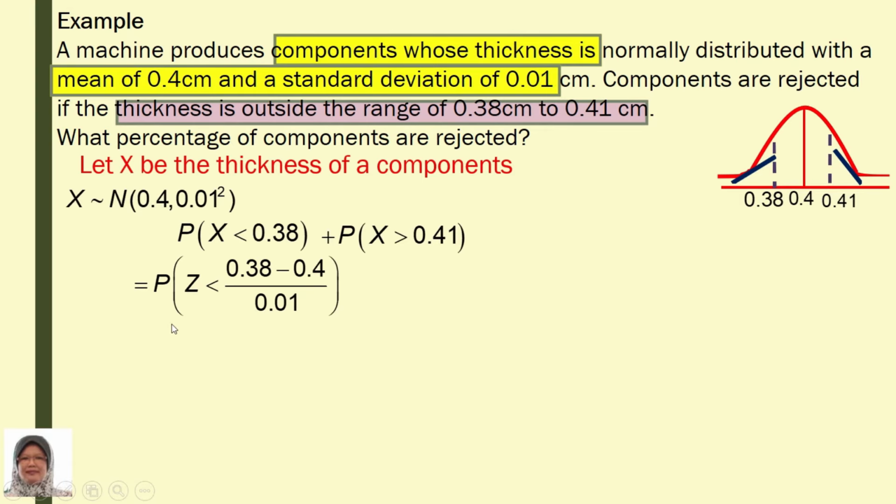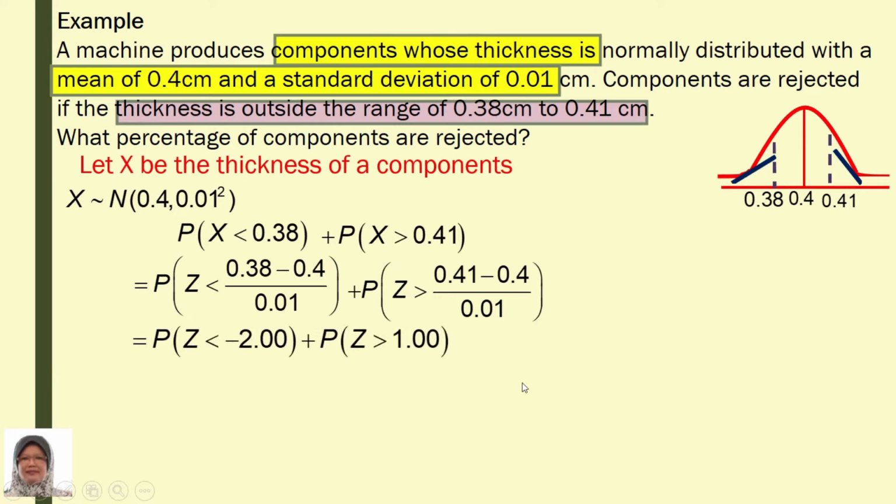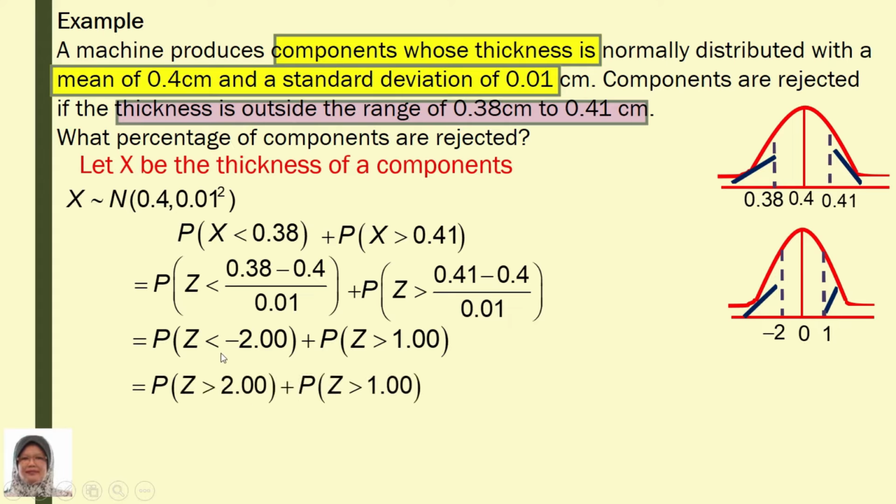We change to P(Z less than (0.38 minus 0.4) over 0.01) plus P(Z greater than (0.41 minus 0.4) over 0.01). Then we get P(Z less than negative 2) plus P(Z greater than 1). In the Z distribution, 0.38 becomes negative 2 and 0.41 becomes 1, and P(Z less than negative 2) becomes P(Z greater than 2).